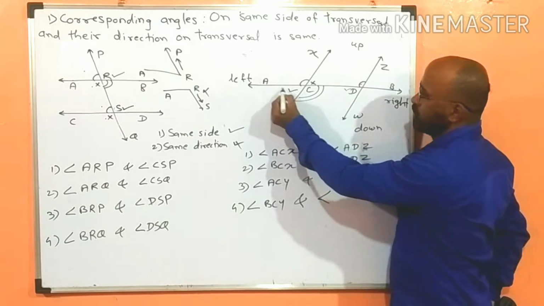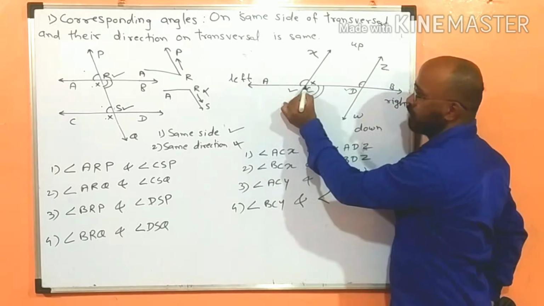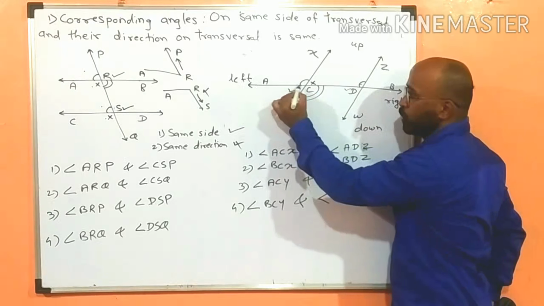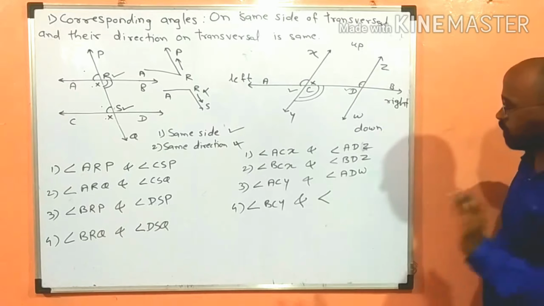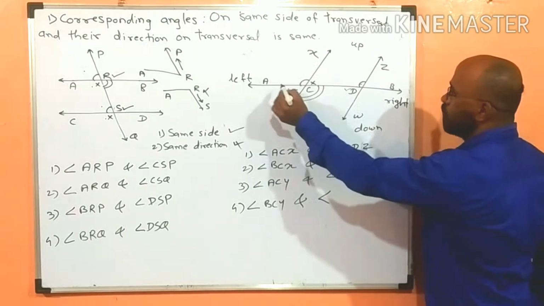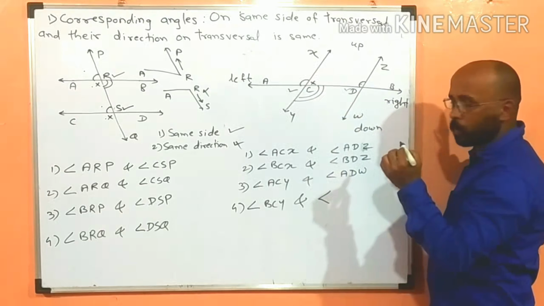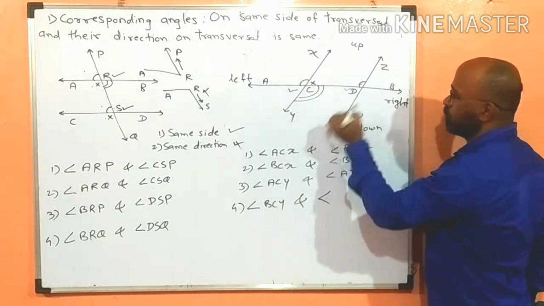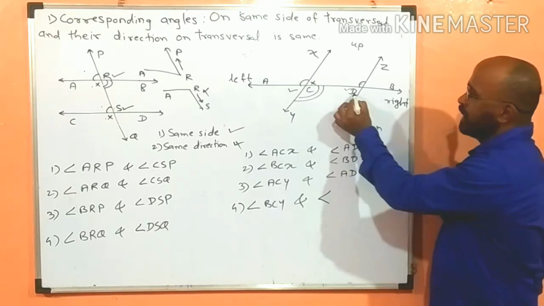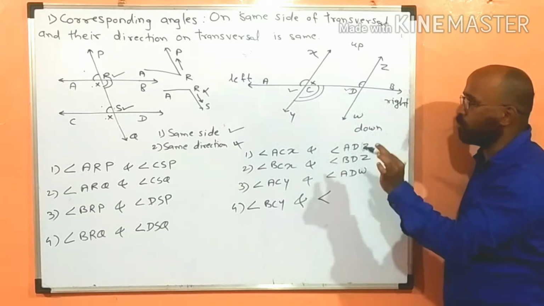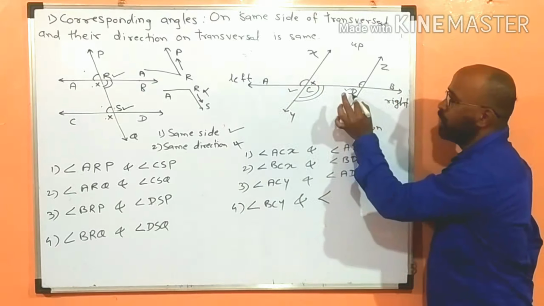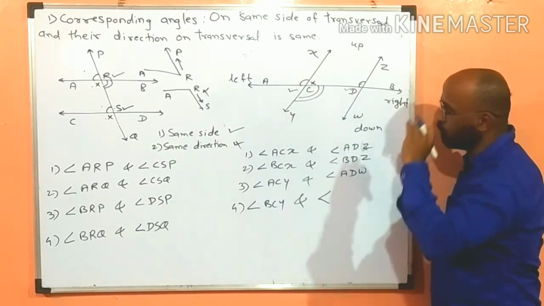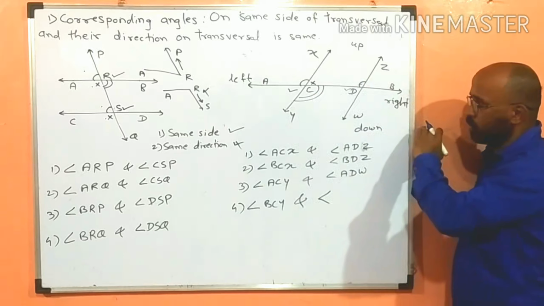So first angle is this ACY. CA is the part of the transversal which is going towards left. So this is not our answer. Next is ADW. It has DA, which is the arm which is the part of the transversal, and DA is going towards left, but we want it should go towards right.